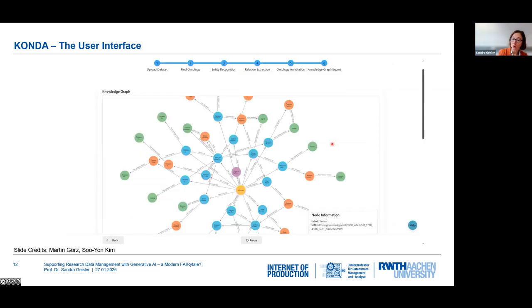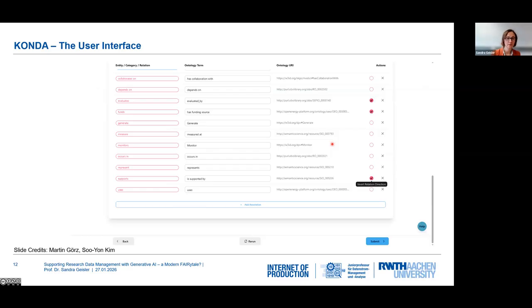And finally, these are steps where the user can also decide if this is correct or not, and also adapt and edit, delete, and add things if not correctly recognized.